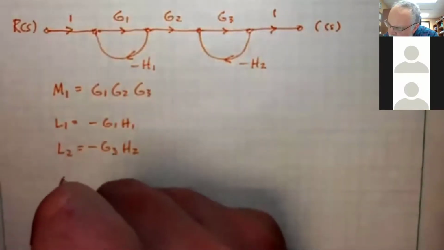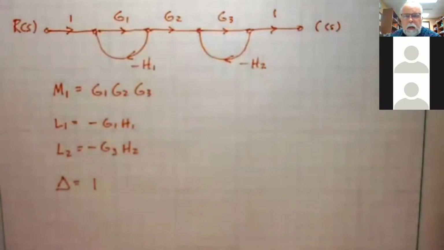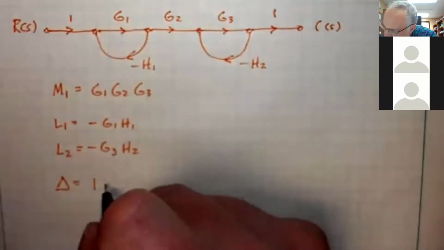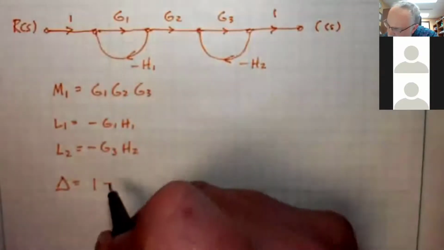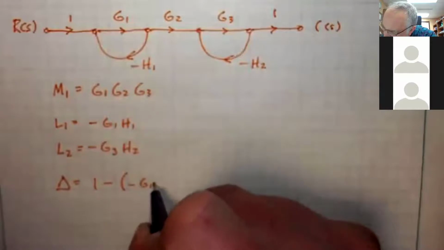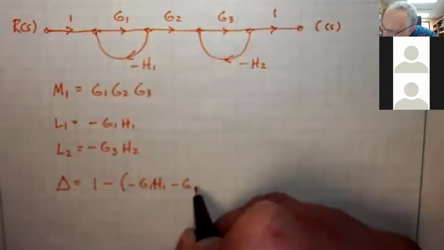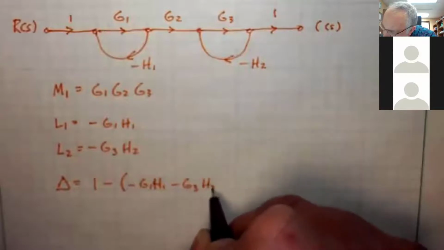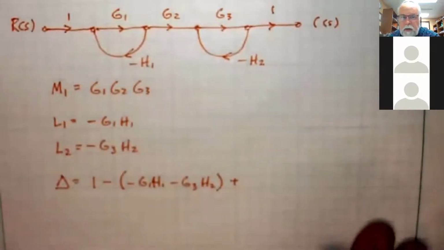And then our delta function, 1. Now it's minus the individual terms taken one at a time. So that's minus G1, H1, minus G3, H2. Okay. Then it's plus the product of the non-touching loops.